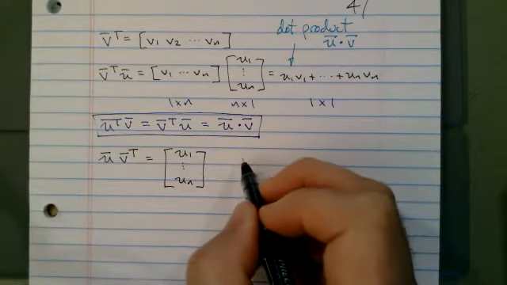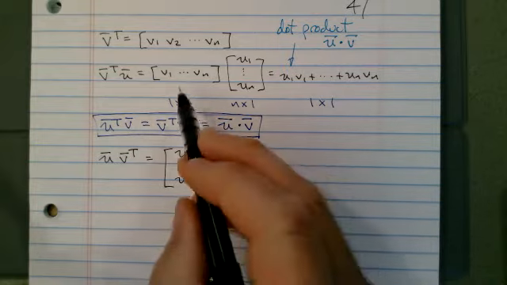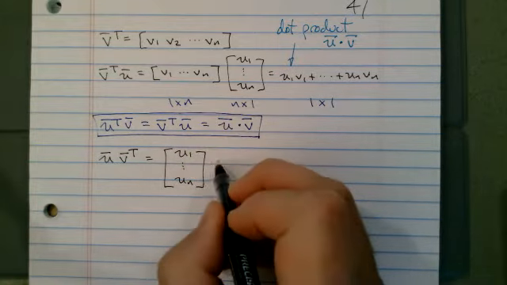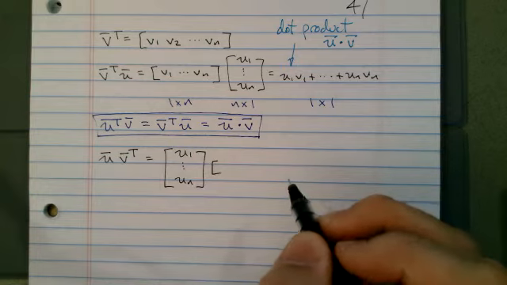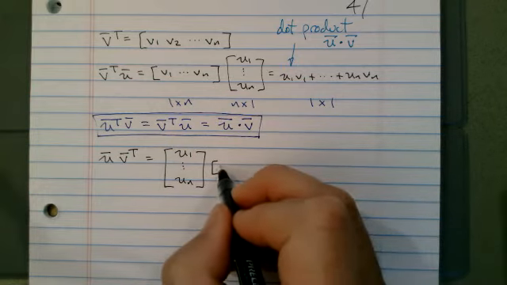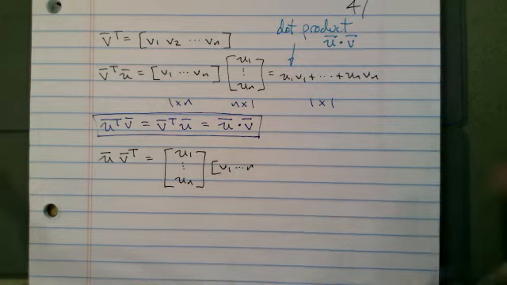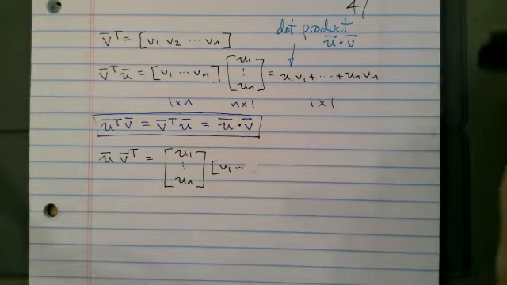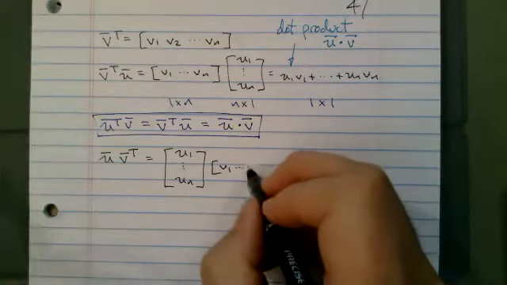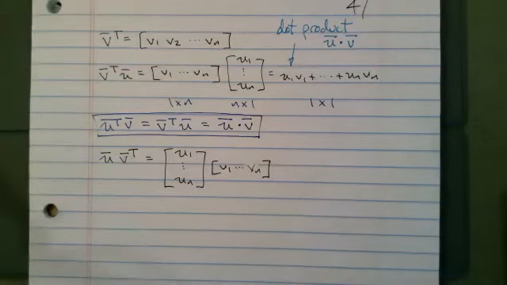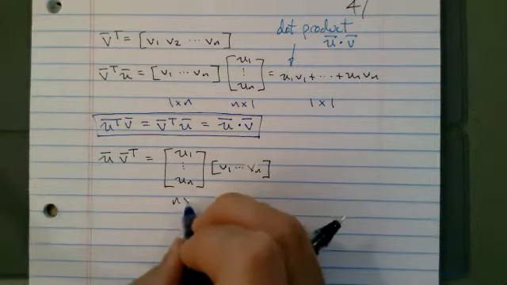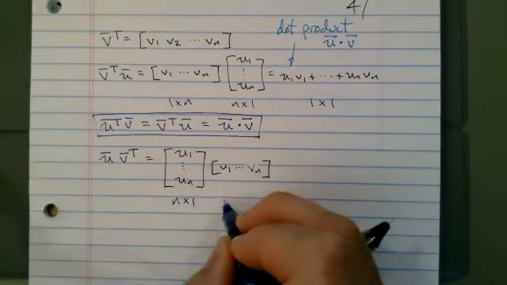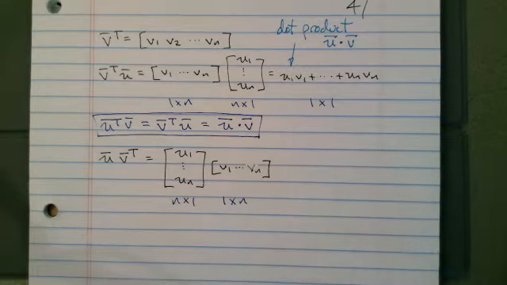And V transpose is going to be a 1 by n, V1 out to Vn. So first of all, can we do this? U is an n by 1, and V transpose is a 1 by n. So we can.